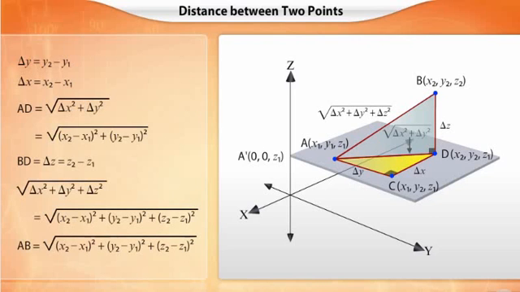Thus, we conclude that the distance of two points x1, y1, z1 and x2, y2, z2 in space can be given by the expression shown.